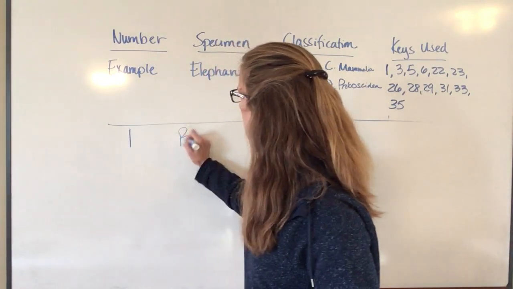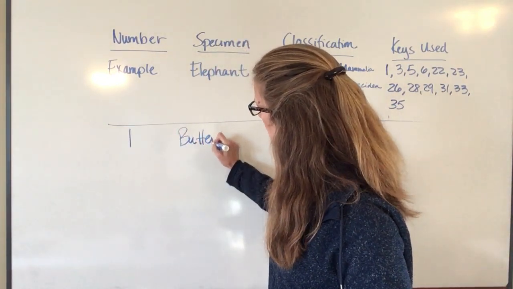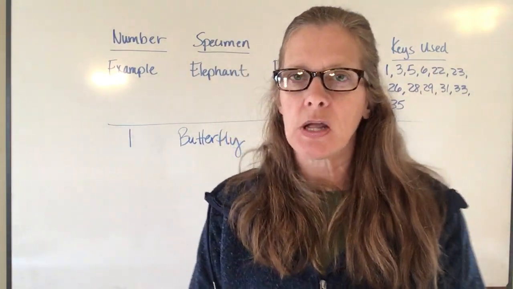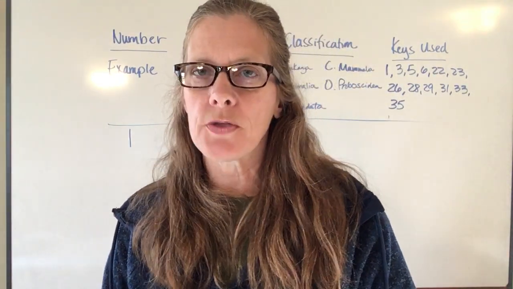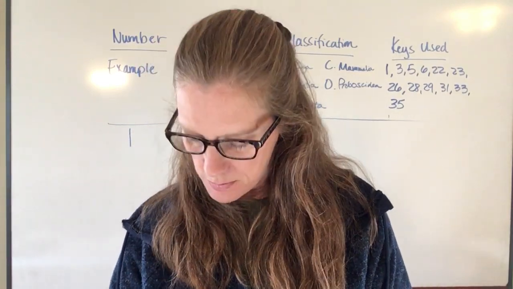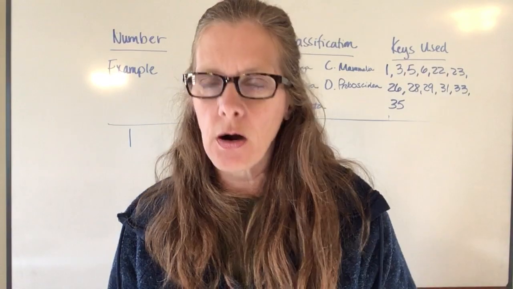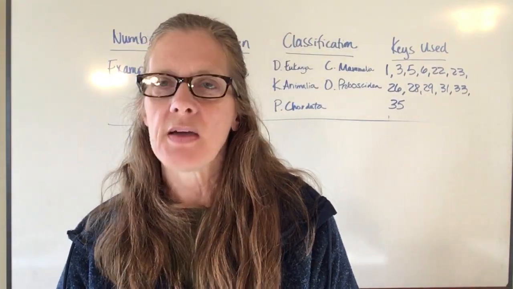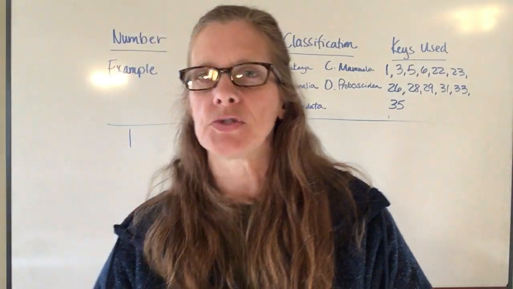Number 1 is a butterfly, and so then you will start at key number 1 and start answering all those questions and working your way through the key for the butterfly, as well as for all of the different creatures that are there, all the way up through number 15. Make sure you check your answers when you're finished. Fix them if they're wrong before you send me your lab.